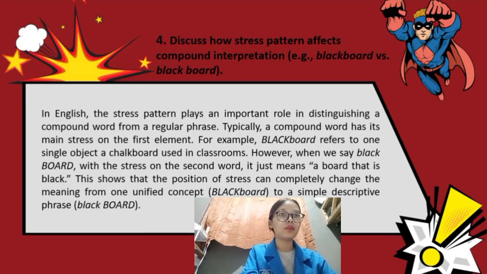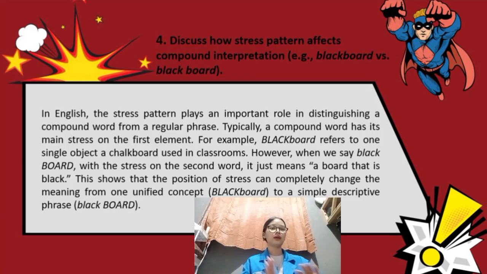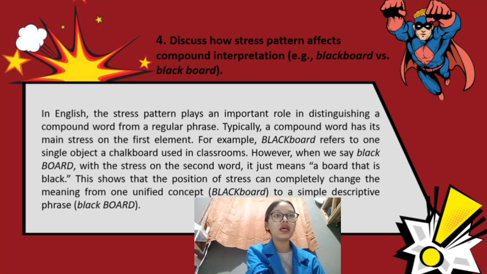Last is number 4. Discuss how stress pattern affects compound interpretation. Example: blackboard versus black board. In English, the stress pattern plays an important role in distinguishing a compound word from a regular phrase. Typically, a compound word has its main stress on the first element.